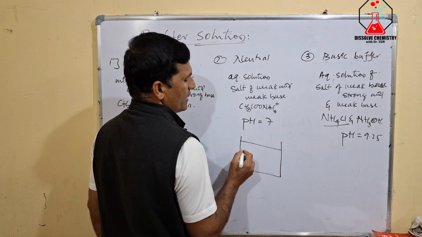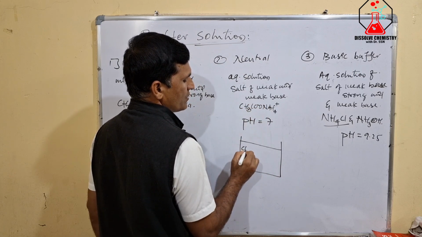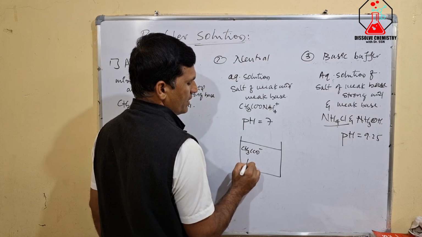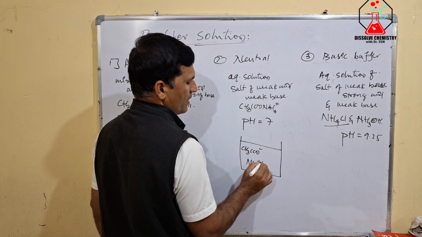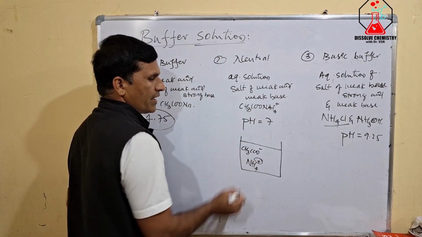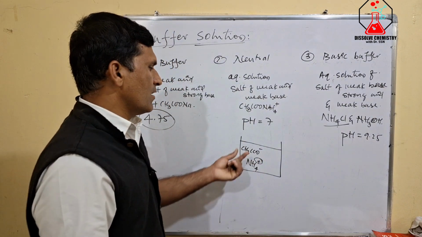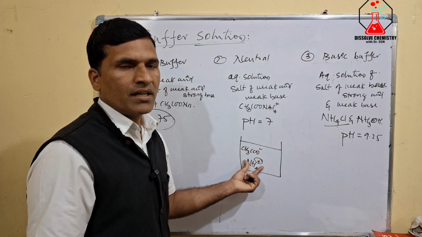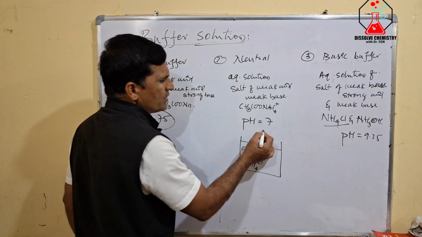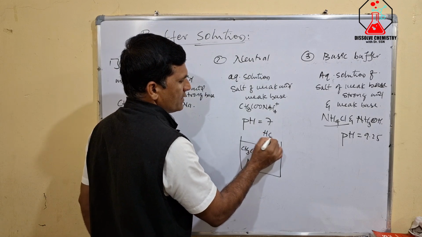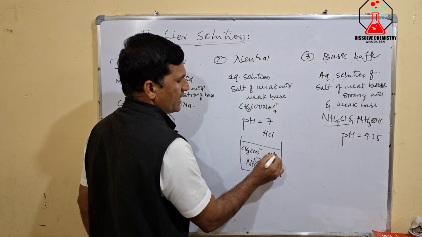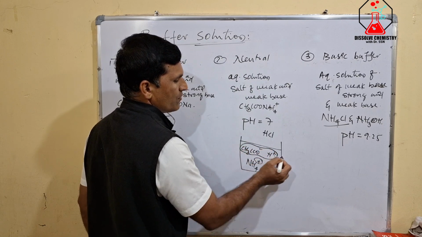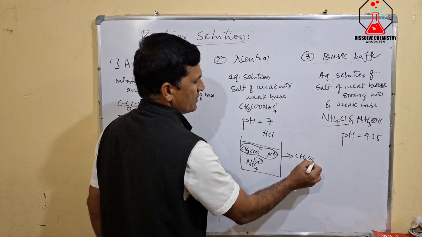Ammonium acetate is a strong electrolyte. If you dissolve it in water, you will have acetate ions and ammonium cations. Already in the common ion effect and hydrolysis of salts, we have seen that it will remain neutral. Now to this, if you add HCl, what happens? As the H plus ion comes, immediately it combines with acetate ion to form acetic acid.